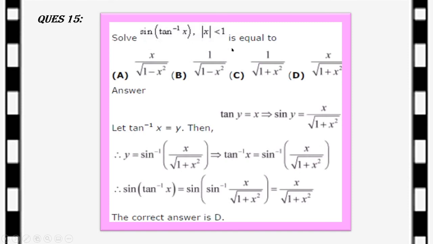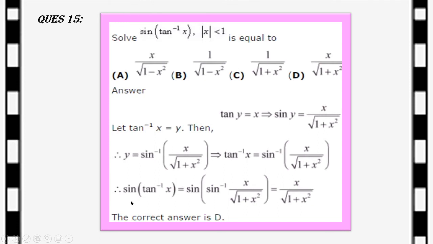Here also we have to solve and give the answer. So let's assume tan y equal to x, which means sin y equals x upon under root 1 plus x square. Let tan inverse x equal to y. Then y is equal to sin inverse of x upon under root 1 plus x square. So tan inverse x is equal to this, put this value of y here in this equation.